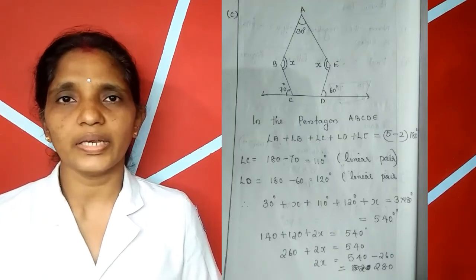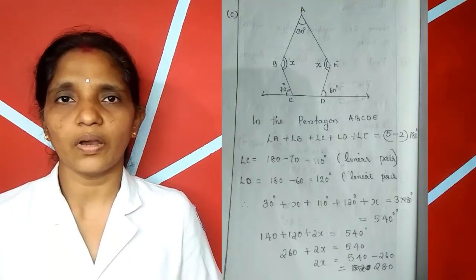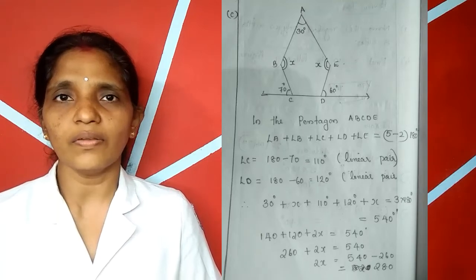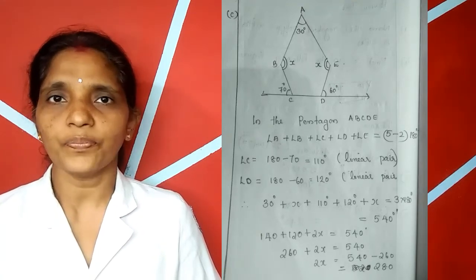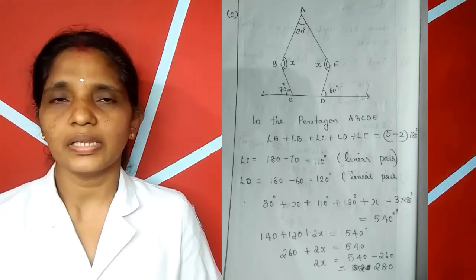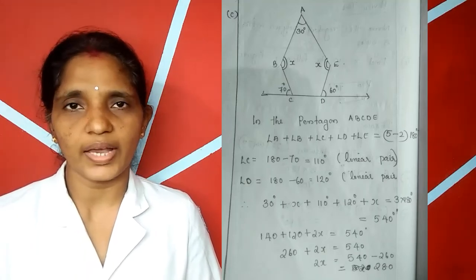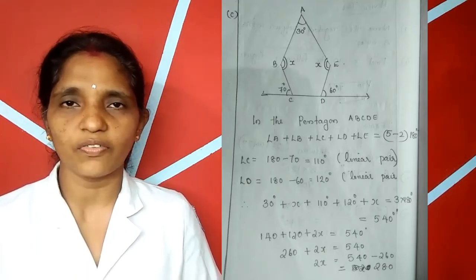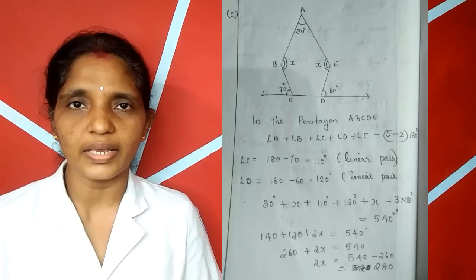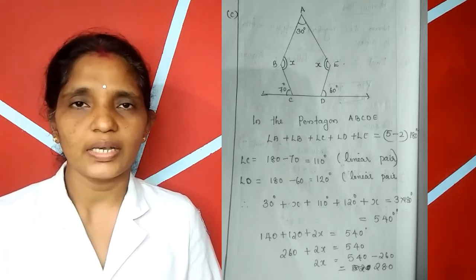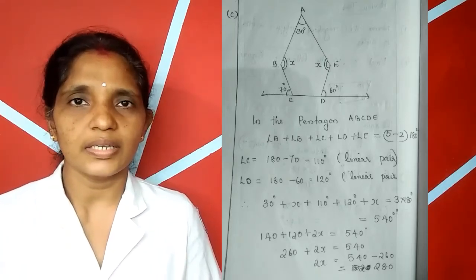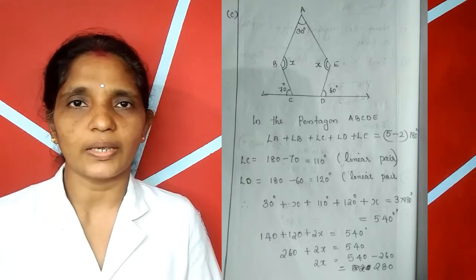So, using the property of linear pair, we will find one angle B. Linear pair means the sum of the angles in a straight line is 180.